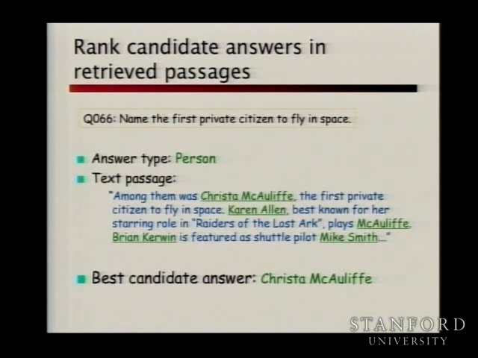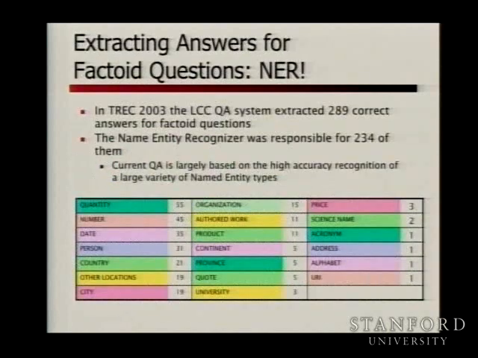They're the person names in this. Then you're finding a passage, and to work out the best candidate answer, you work out which candidate answer is closest to the words in the query. So you have first private citizen to fly in space. That's pretty easy. And so Christa McAuliffe is then selected as the best candidate answer.